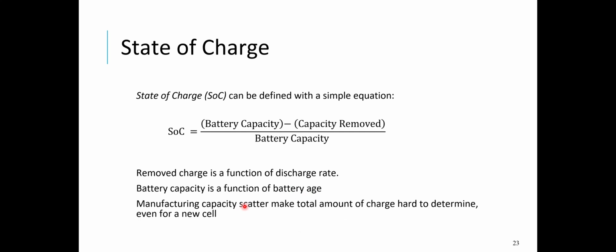Because this is a chemical device, if I put a little bit more active material in one battery over another, or the electrode is a little bit thicker in one battery than another, the actual capacity will also change. With advanced manufacturing processes, this capacity scatter, as it's called, due to manufacturing, reduces, but like I said, no two batteries are identical.